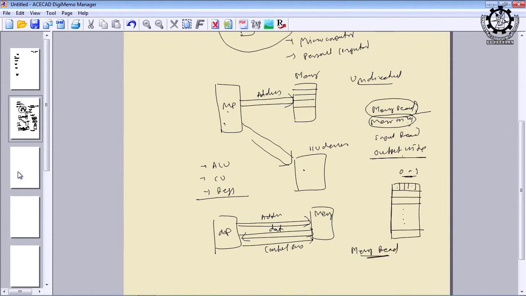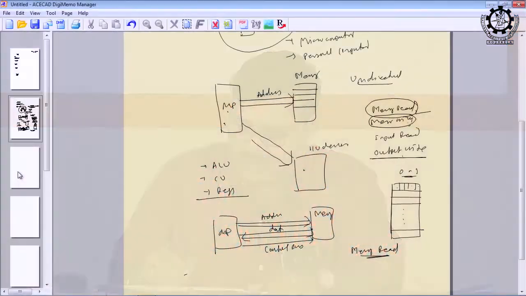So, to carry out a successful memory read operation, what does the microprocessor do? Step 1: the microprocessor sends the address of the specific location where the data is to be read to the memory using the address bus. Why is it sending this? Because the microprocessor is basically a machine.